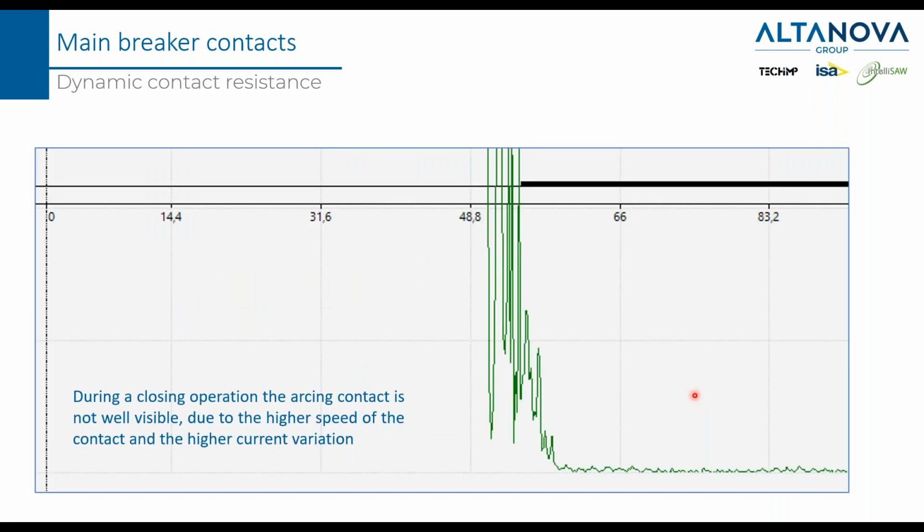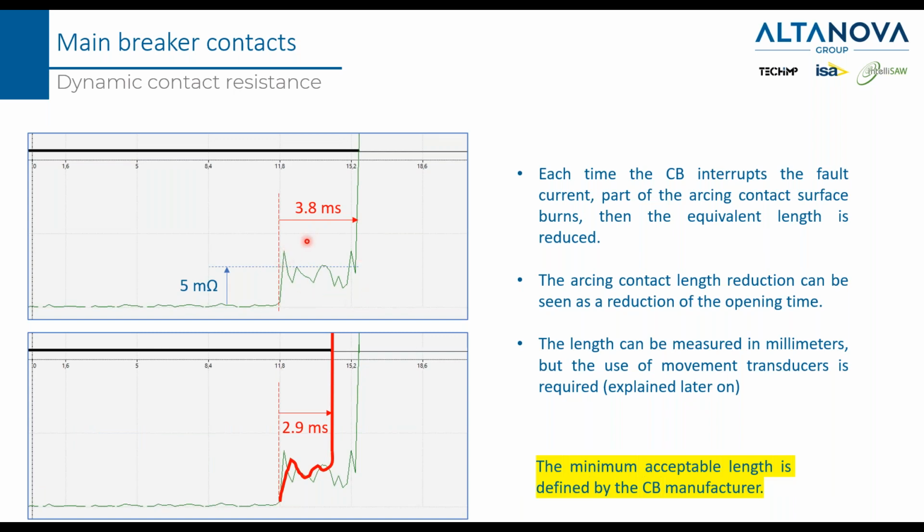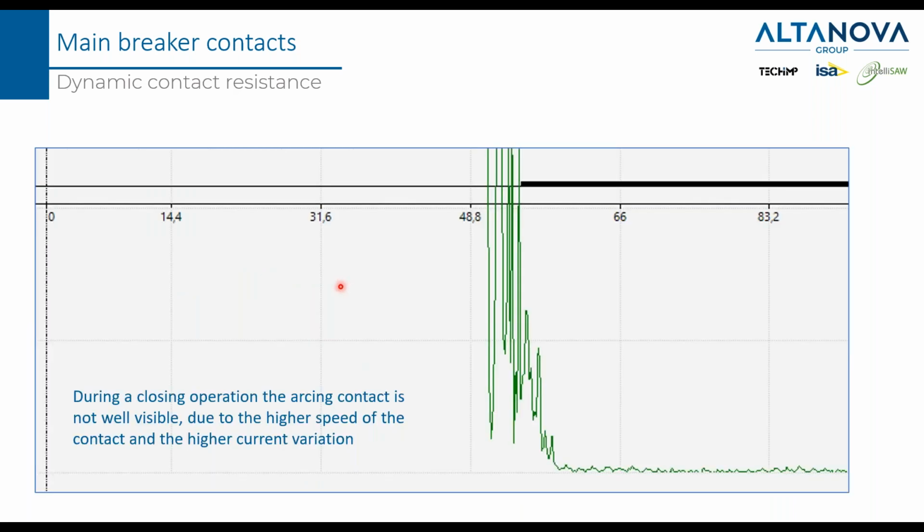This quite nice graph comes from an open operation. So if you want to verify the arcing contact with, let's say, high accuracy, we recommend doing it during the opening operation, because if you try to do it during the closing operation, the graph is not so nice, mainly for two reasons.